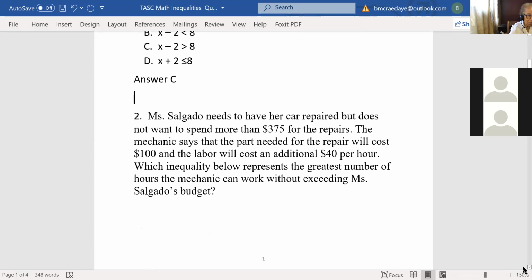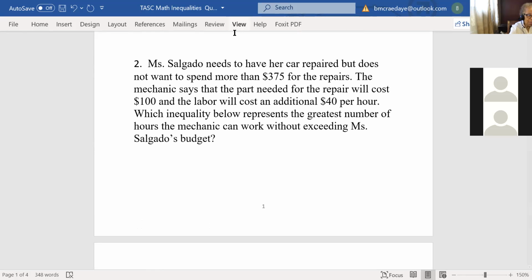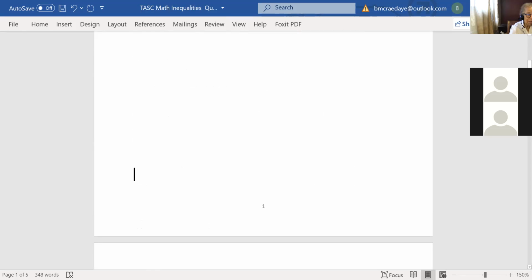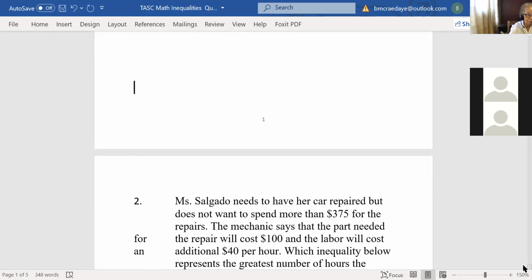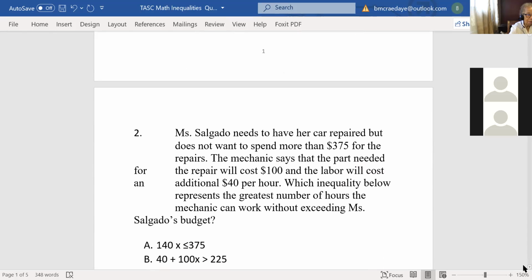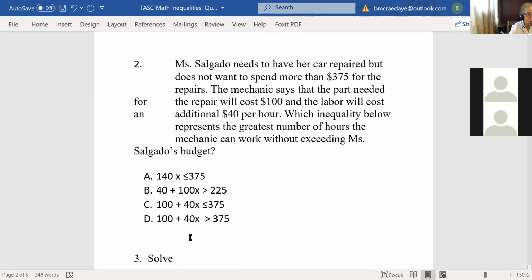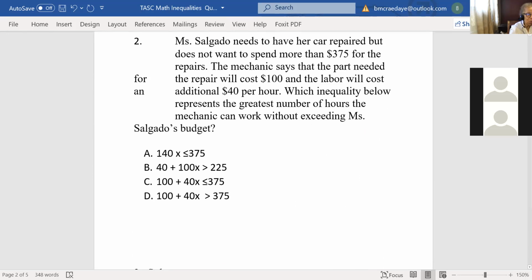Okay, so you have two costs here, right? Now you have two costs there, right, Maureen? You have a fixed cost and a variable cost. So what's the fixed cost, Maureen? The fixed cost is $375.